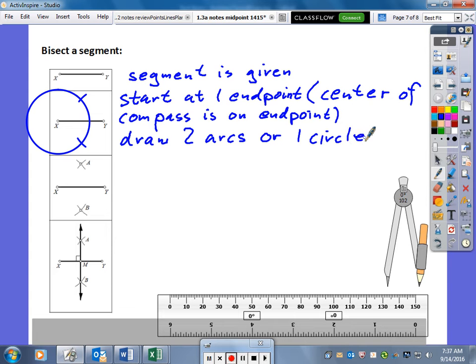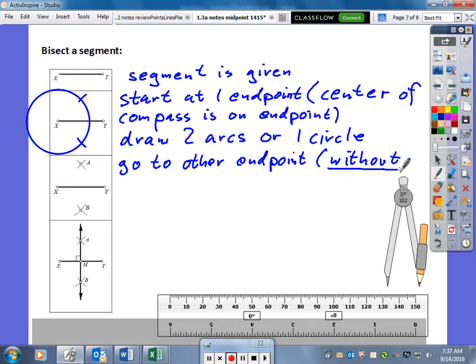And then we went to the other endpoint, and it has to be without changing the compass, right? The width of the compass has to stay the same.